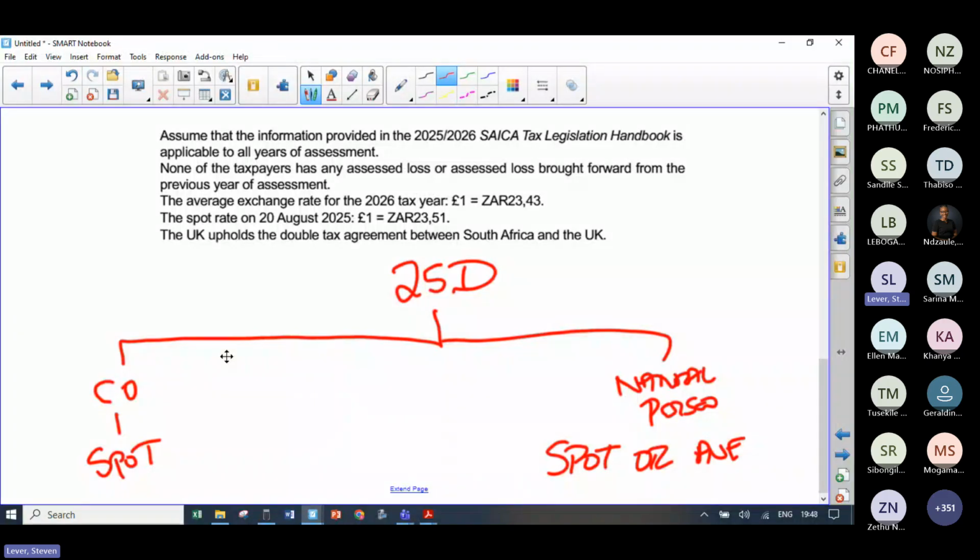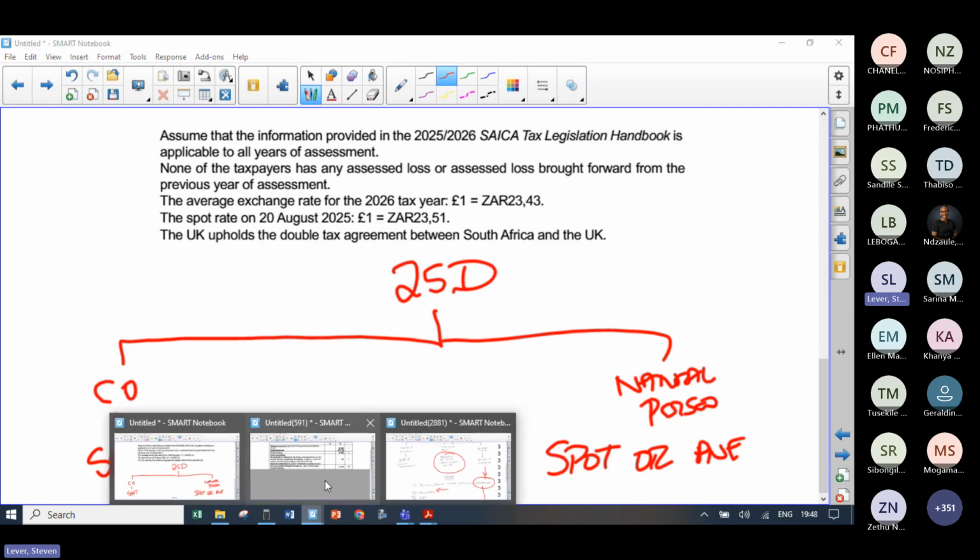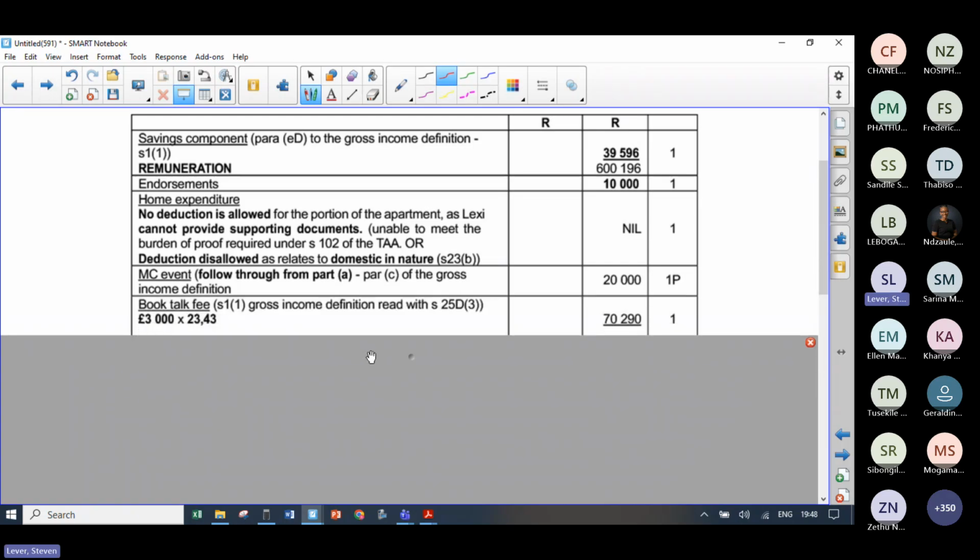So in this question, should we use the 2343 or the 2351? This is income from her book. So you want to make your income as small as possible. Which one of the two are you going to use? The lower of the two, the 2343. So in the board solution, guys, they use the 2343.